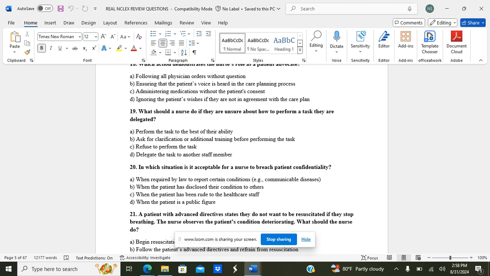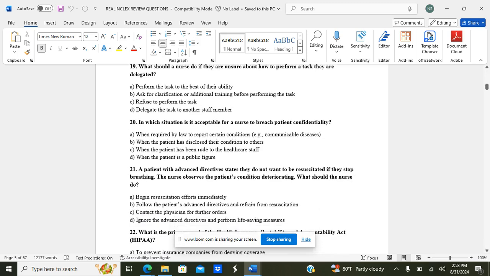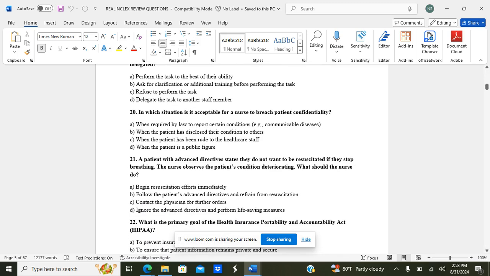Perfect. 20. Let's see, question 20. In which situation is it acceptable for a nurse to breach patient confidentiality? In what case can the nurse breach the confidentiality of the patient? Let's see the choices.